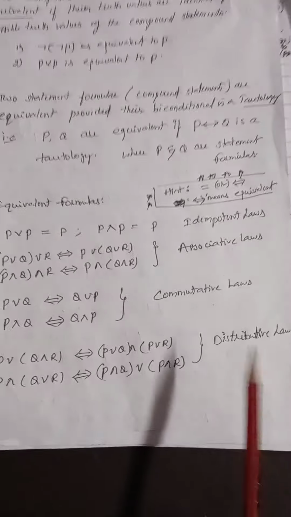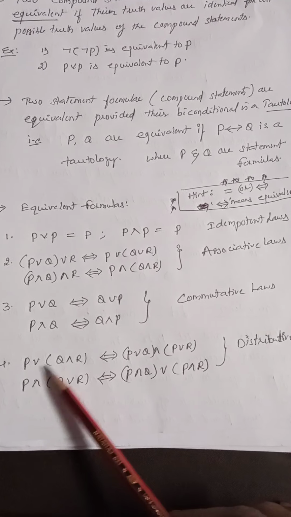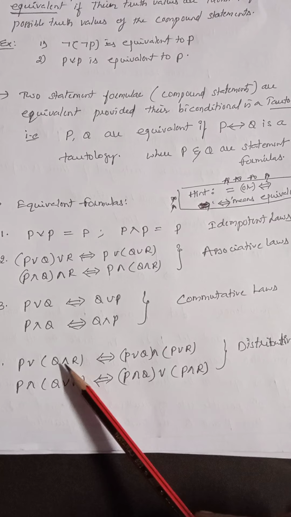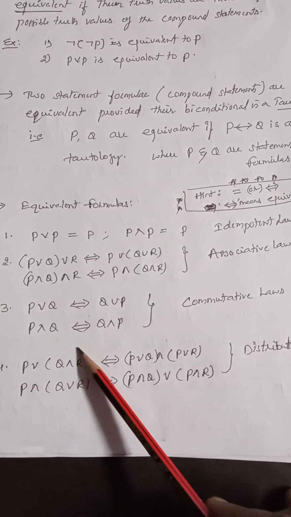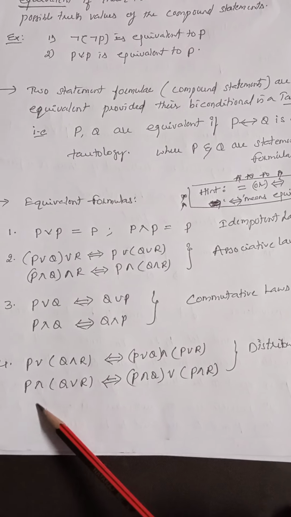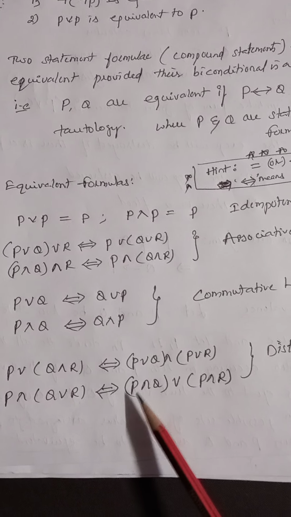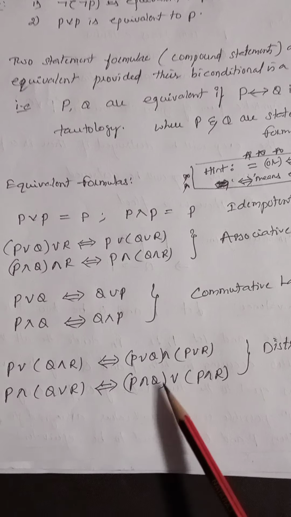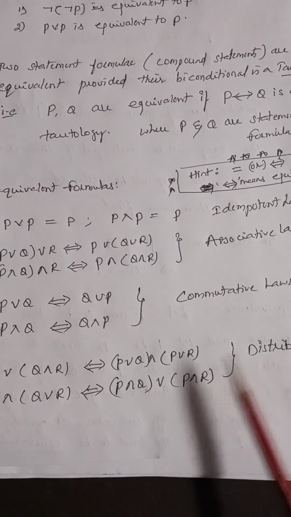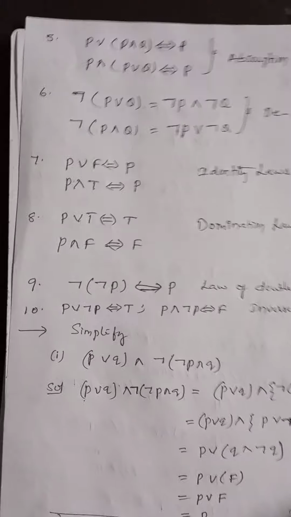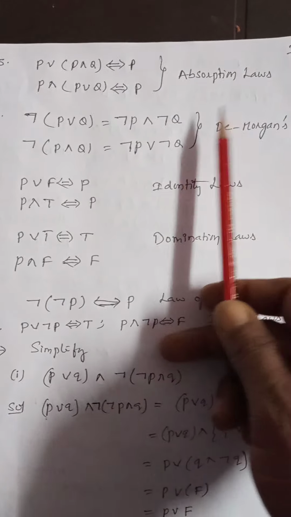Now, this is called distributive law. P or Q and R is equal to P or Q and P or R. Similarly, P and Q or R is equal to P and Q or P and R. These are called distributive laws, right? Next one, these are called absorption laws.